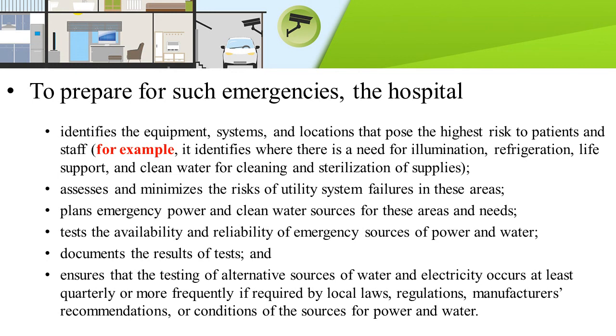Test the availability and reliability of emergency sources of power and water. Document the results of tests and ensure that the testing of alternative sources of water and electricity occurs at least quarterly or more frequently if required.